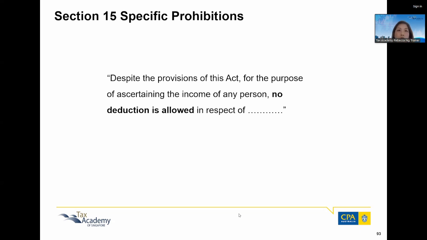Okay, section 14 will tell you what is deductible, how much is deductible, right? What is deductible? We look at the section 14(1) general deduction formula. Expenses must be wholly and exclusively incurred in the production of income. Okay, then we talk about the section 14(5) to (8) on the medical expenses.